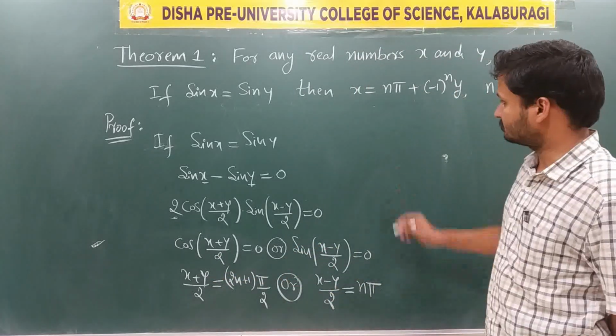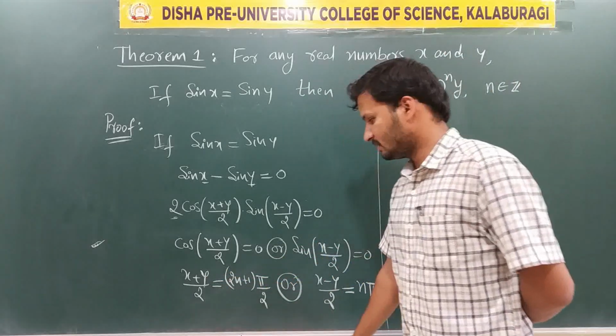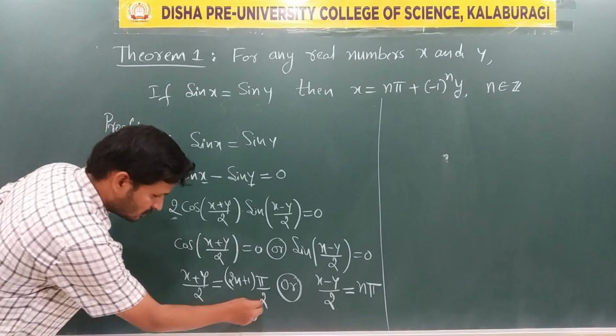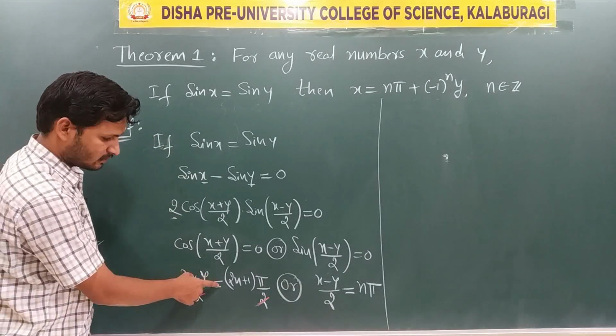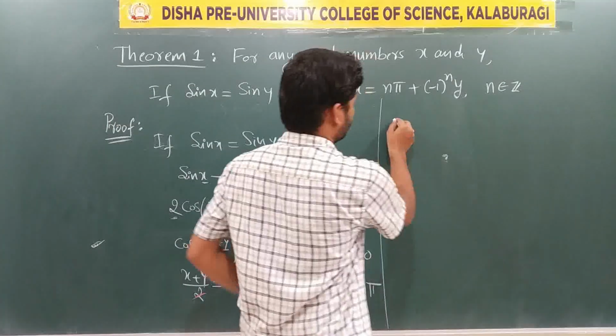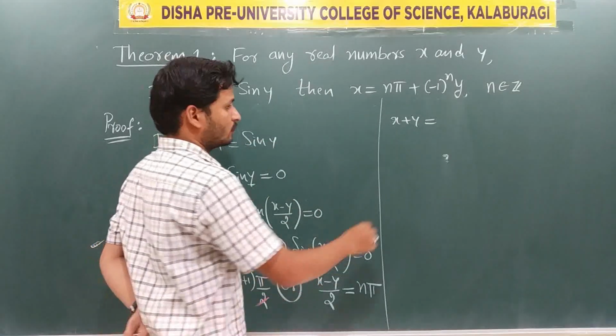The next step is just simplification. Here the 2 gets cancelled. So remaining, x plus y equals (2n plus 1) into pi.